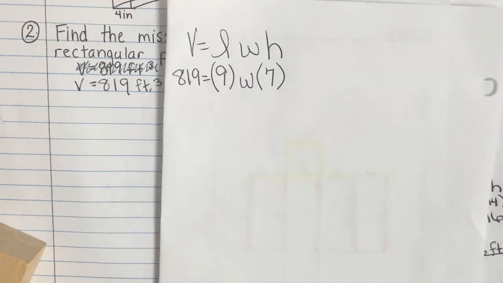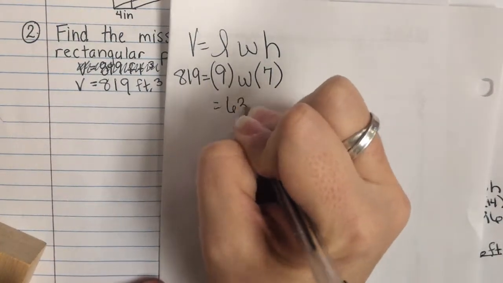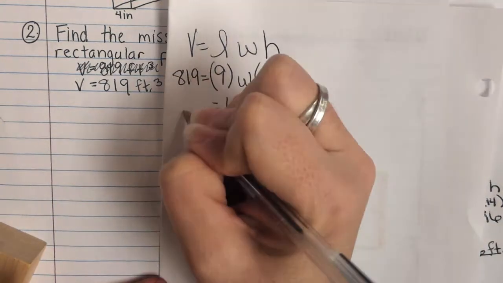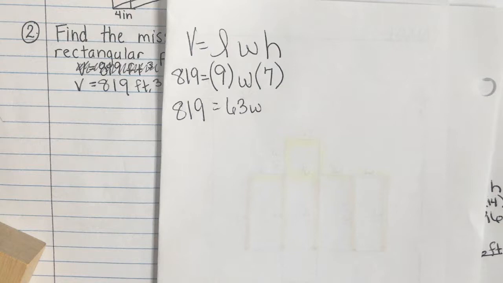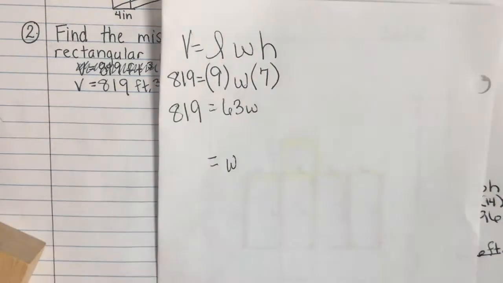Now, clean up the math that's on the same side of the equal sign. We know 7 times 9 is 63. And I have a W. Bring down the 819. Now it turns out to be an equation or an algebra problem because our goal is to get this W all by itself.